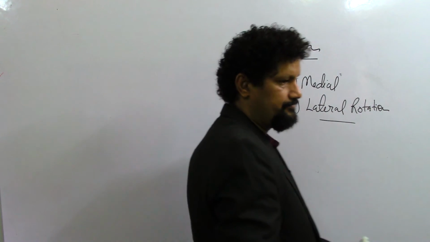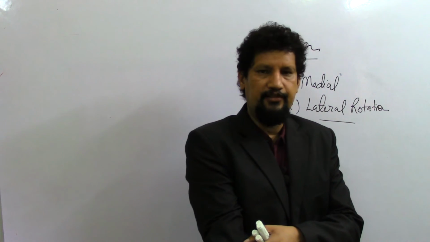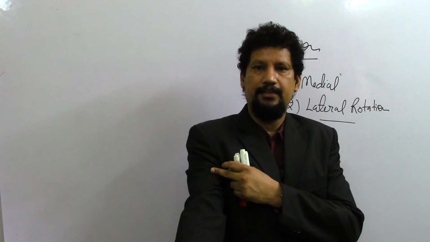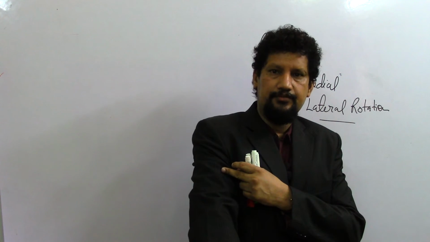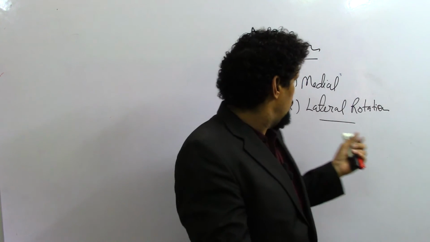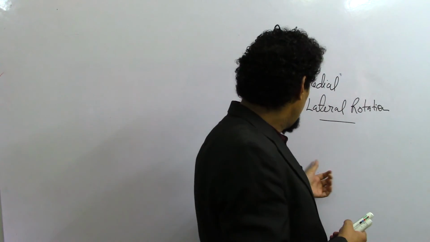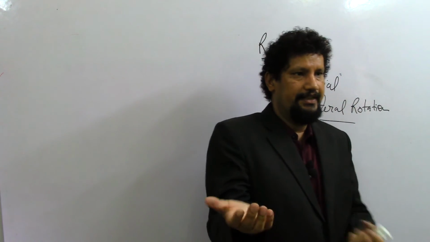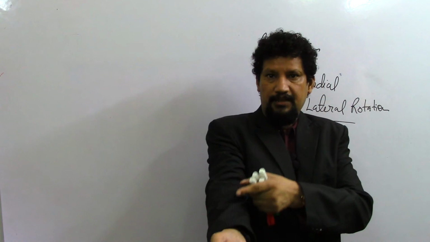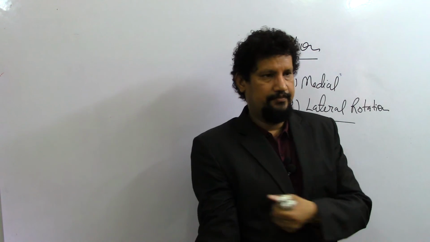When the anterior part, I will better call it anterior than flexor, becomes the medial part after the revolving movement, this is medial rotation, but when the anterior part becomes lateral, this is lateral rotation.